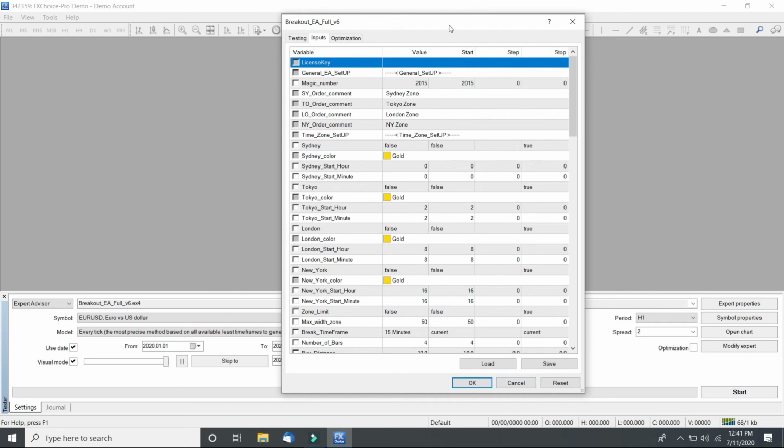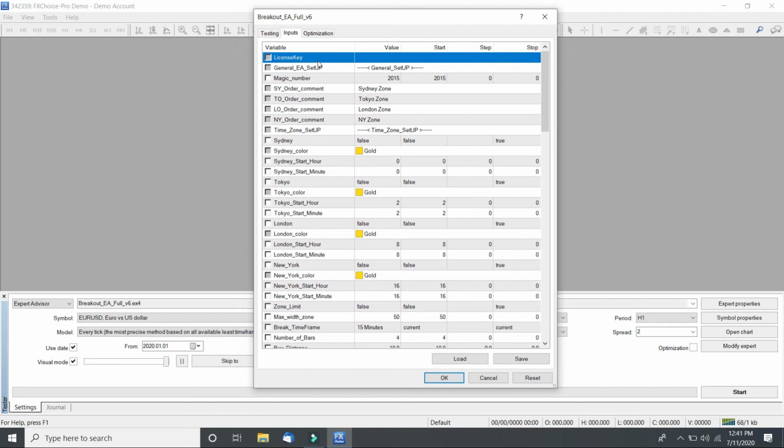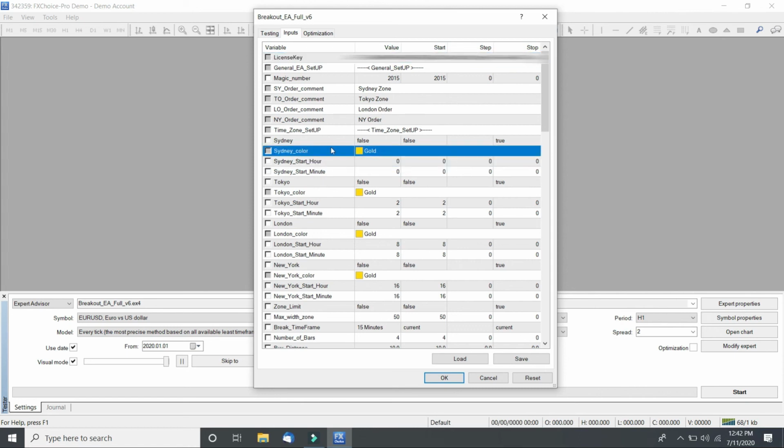When you open up the Expert Advisor, the first thing you want to do is copy the entire license key and bring it here. Double click on this line and paste it here. Then here we have the different sessions.